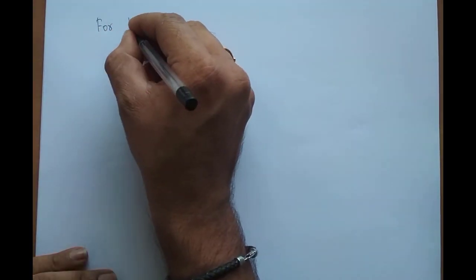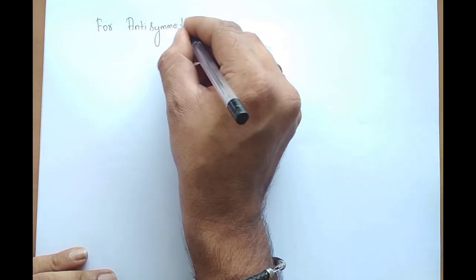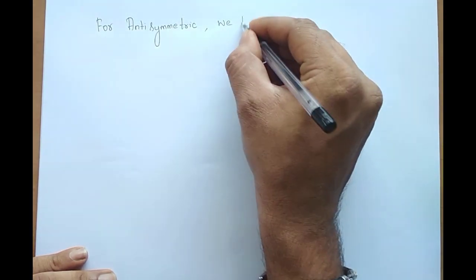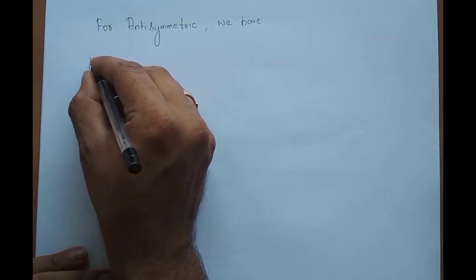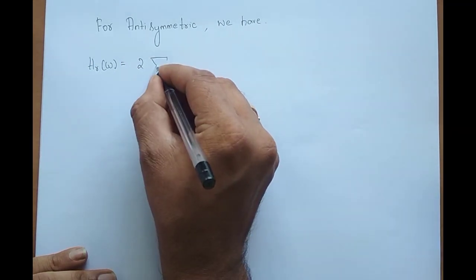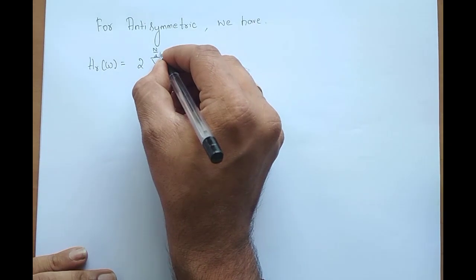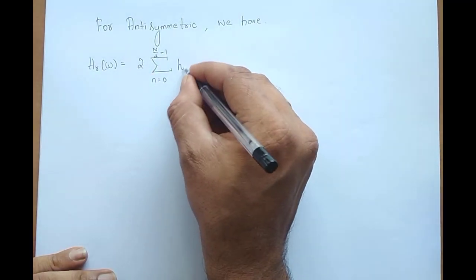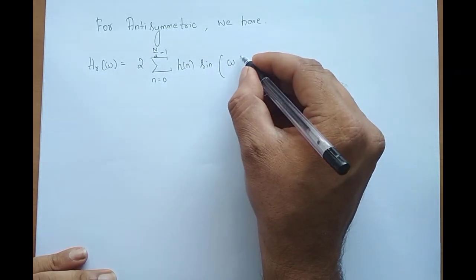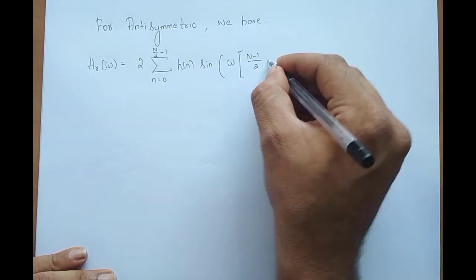So for the antisymmetric case, for N even, H_R of omega is given by 2 times the summation n varying from 0 to N/2 minus 1 of h of n sine of omega into (N minus 1)/2 minus n.